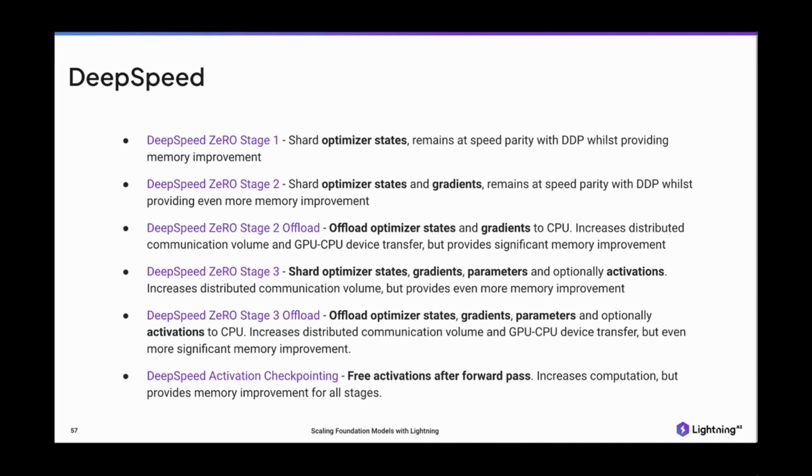And more aggressively, if you go to stage 3, which is, of course, not that stage 3 is better. With stage 3, you can fit larger models, but you're paying on communication because at this point you're also sharding parameters, which means if you do a forward on your model, you'll need to gather the parameters that you need to do the forward, and optionally also activations.